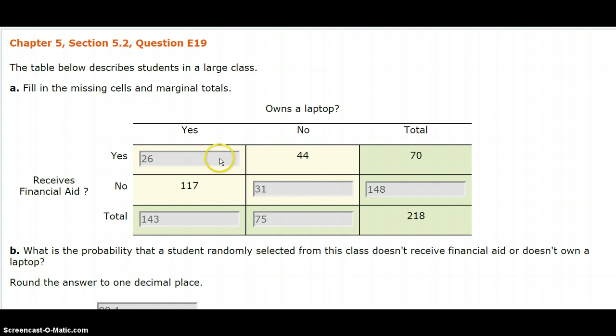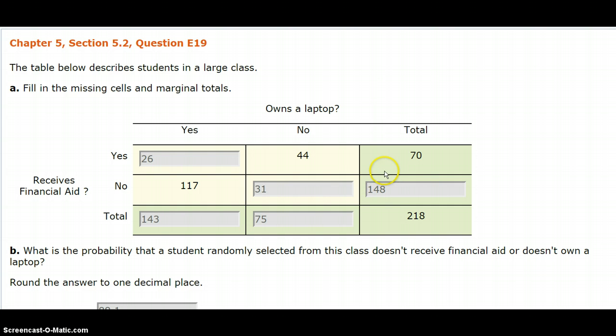Once I have that, I now have these three and this one and this one. I could have easily gotten this one first because I know that whatever this number is, these two numbers have to total up to 218. So similarly, I could take 218 minus 70 to give me the 148, or I could say 70 plus x equals 218, solve for x. Whichever way I do it, I'll now get that.